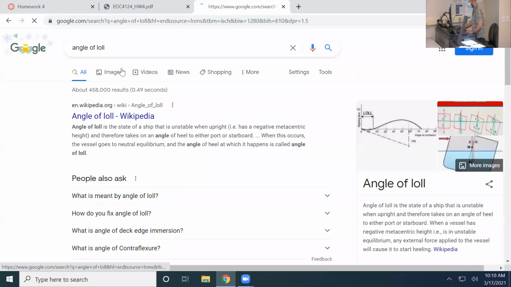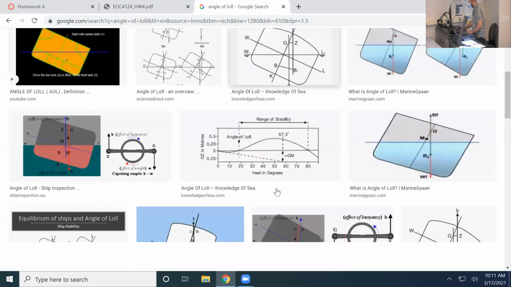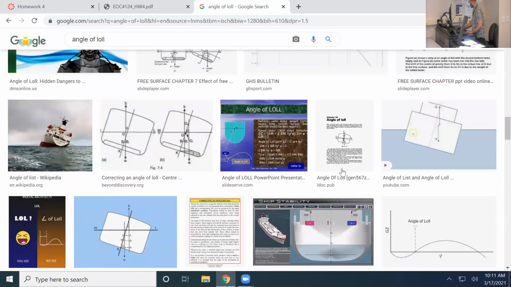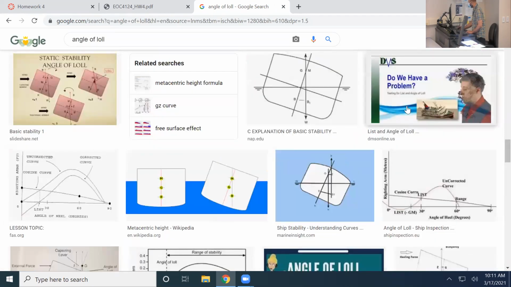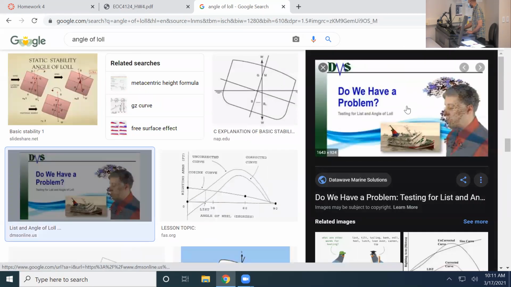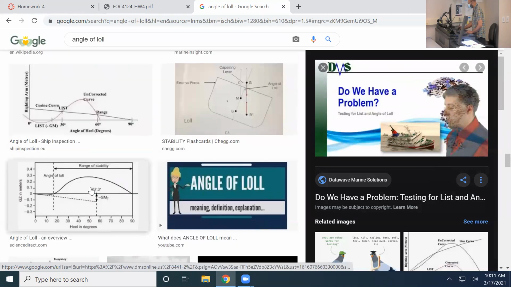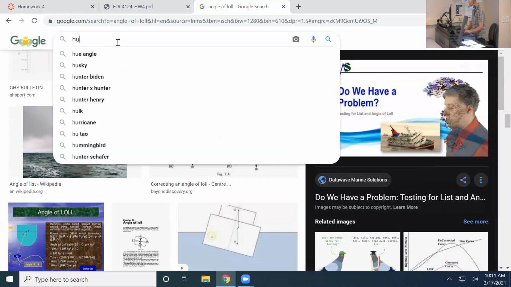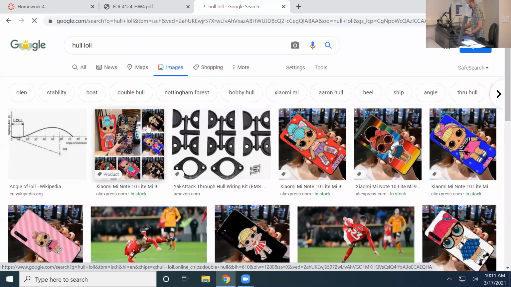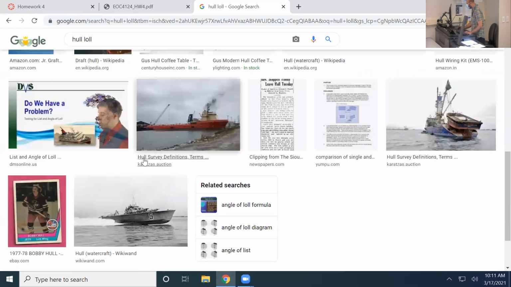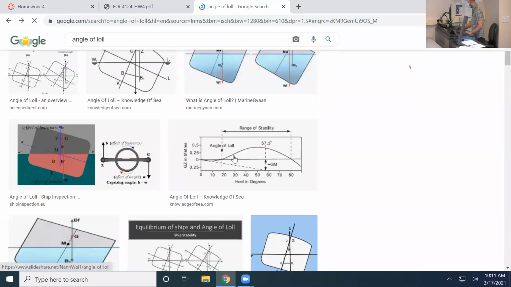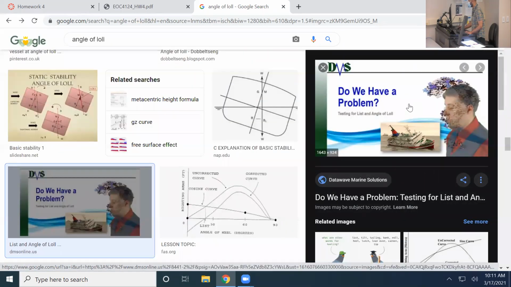Okay, I don't see any nice examples, but your hull would basically be doing something like this.